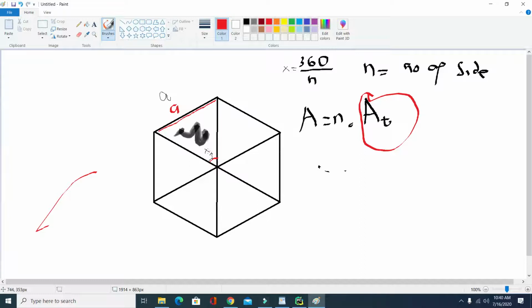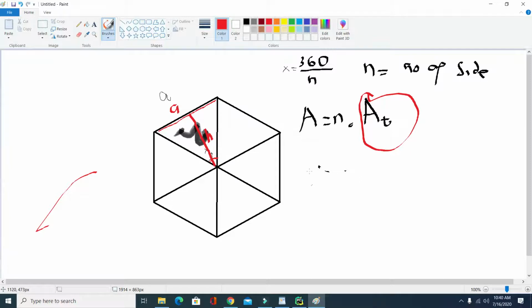So we can calculate AT, where this is h.